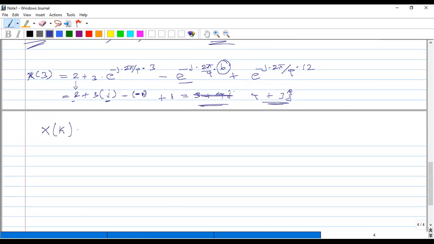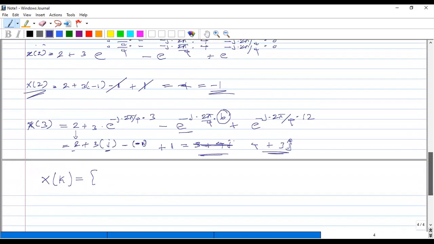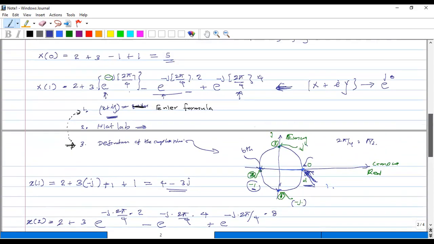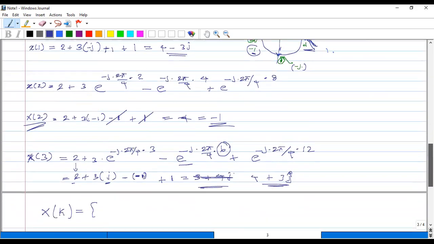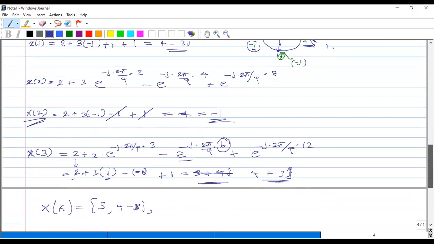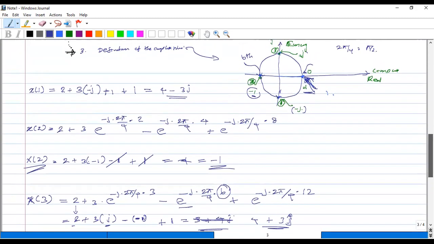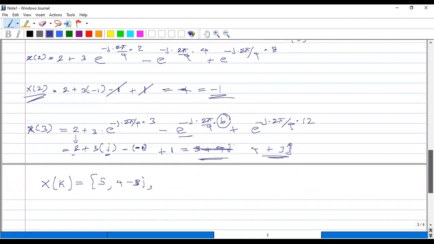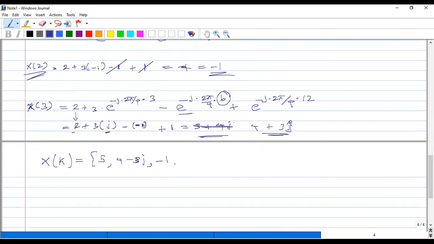So we have Xk is equal to, what is the value we get? 4 minus 3j, and then we have minus 1, and 4 plus 3j. So 1, 2, 3, 4 samples we get.